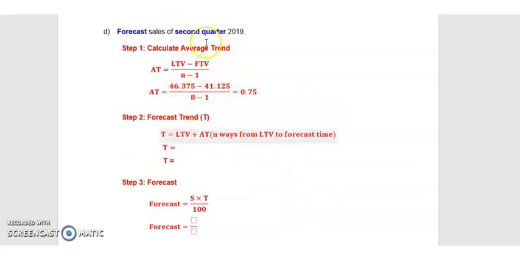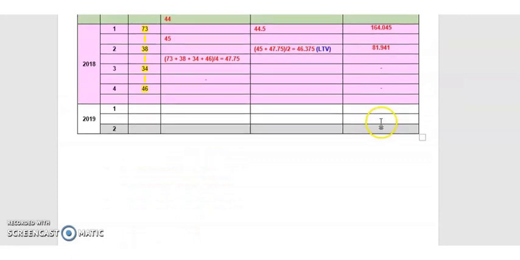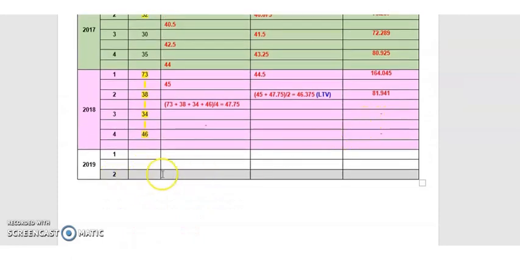Second step, forecast the trend. So trend for second quarter in 2019. Last trend value is 46.375 plus average trend, just now 0.75, multiplied by n, the ways from last trend value to forecast time. Forecast time refers to second quarter of 2019. Go back to the first table. Here is our forecast time.